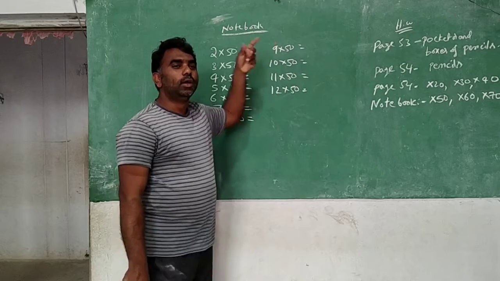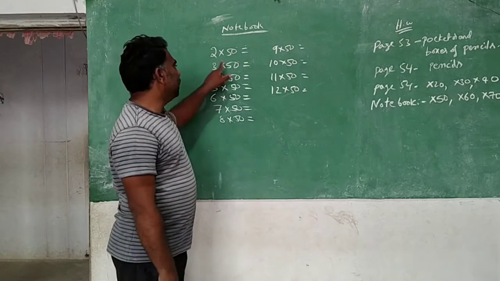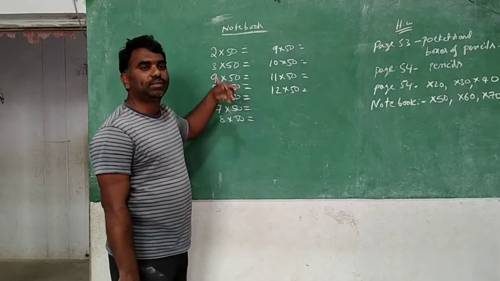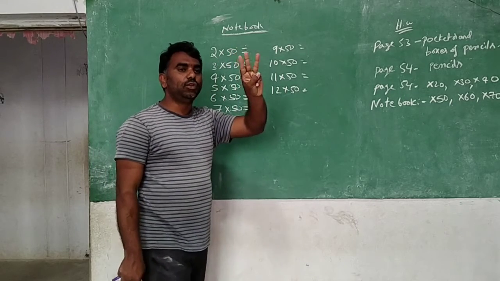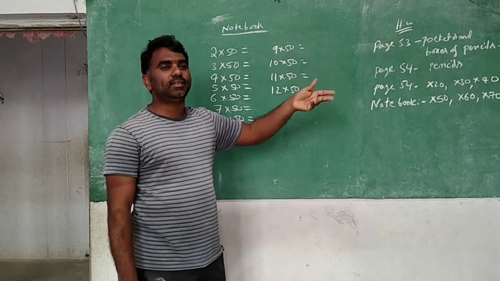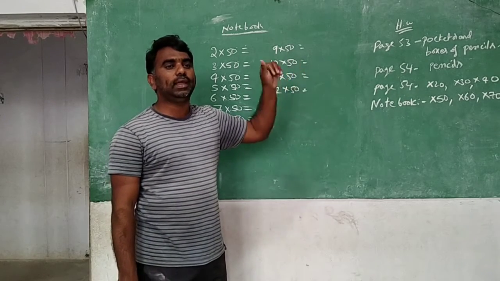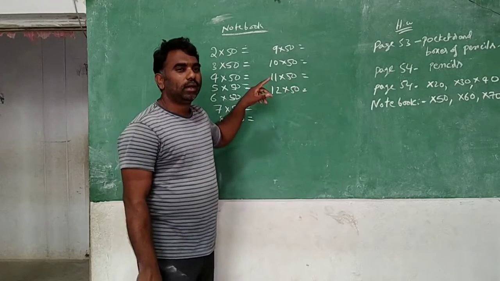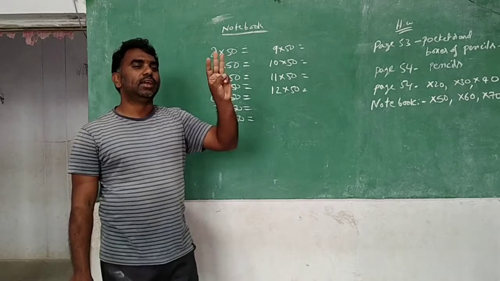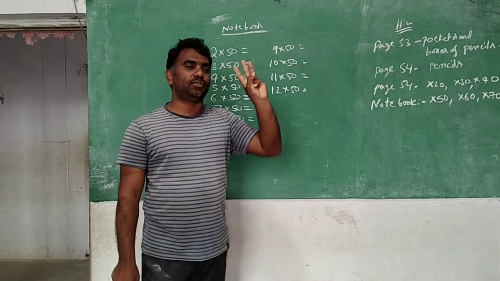One more line: 2 into 70, 3 into 70, 4 into 70, 5 into 70, 6 into 70, like that. You should write 3 lines in the notebook. In the textbook it is into 20, into 30, into 40. No, this 3 is enough: 50, 60, 70 is enough.